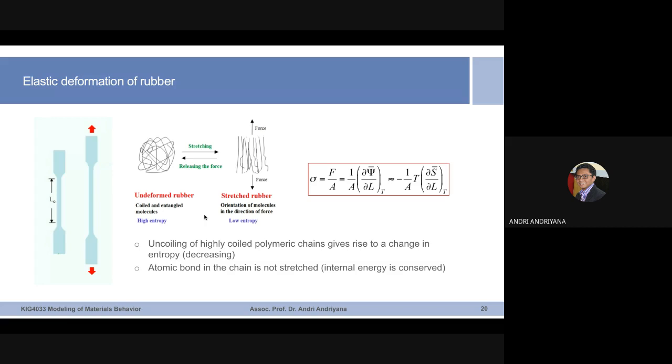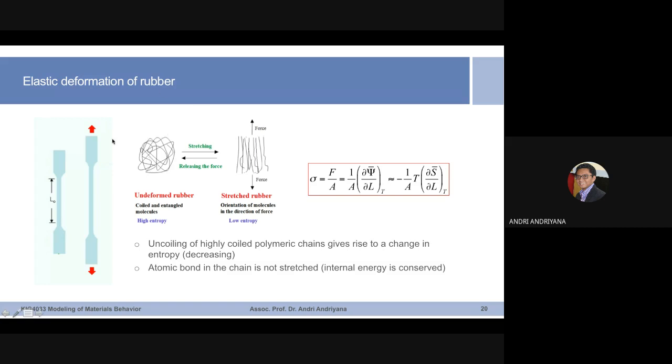Here is the illustration of the structure of rubber. It consists of highly coiled and entangled molecules. It is a random, amorphous structure. If it is highly random, it means that the entropy is relatively high.